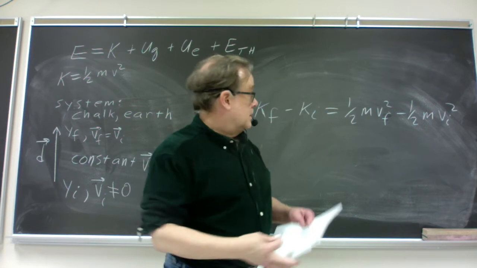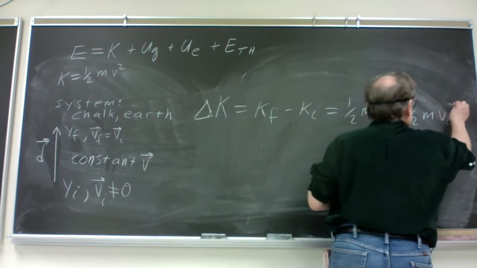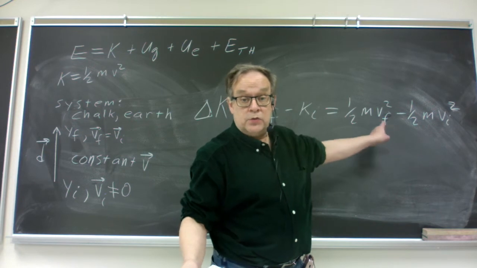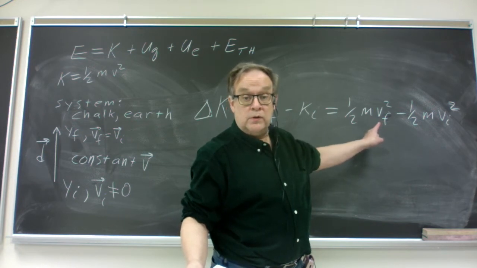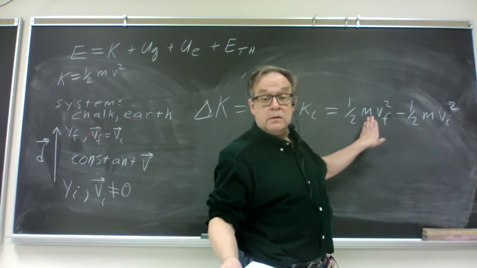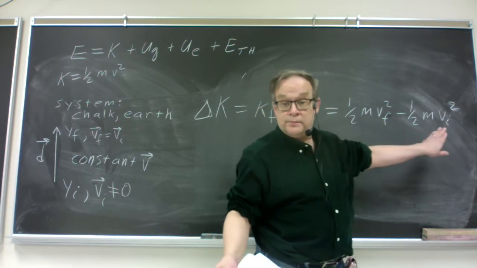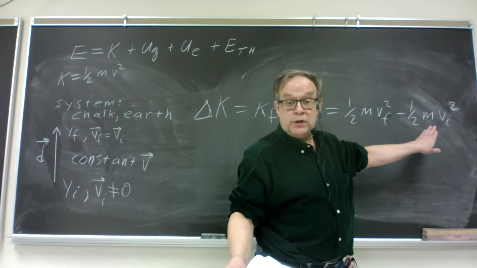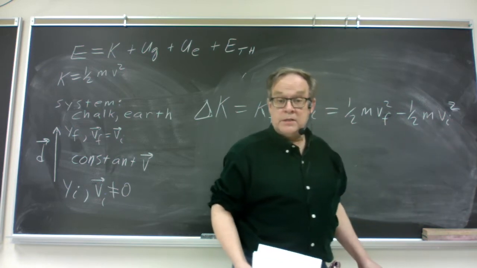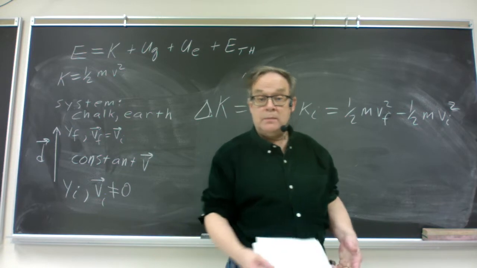But it's been moving at a constant velocity, so the final velocity is simply the same as the initial velocity, so the final kinetic energy is just the same as the initial kinetic energy. These two terms are the same size, so they cancel out. They add up to 0.